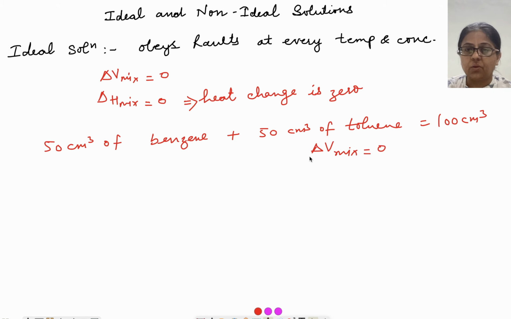So the vapor pressure at this point where the mole fraction is equal to unity will give the vapor pressure due to pure component A, which is represented here by PA naught.